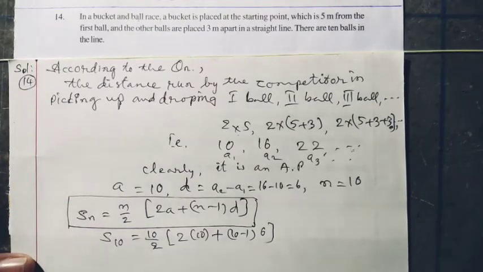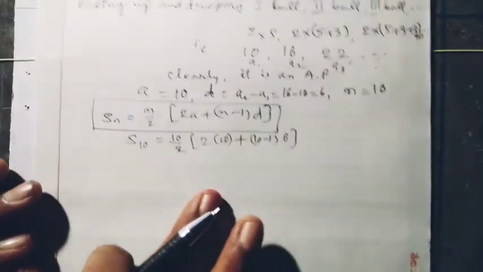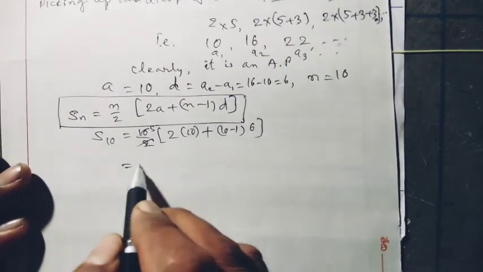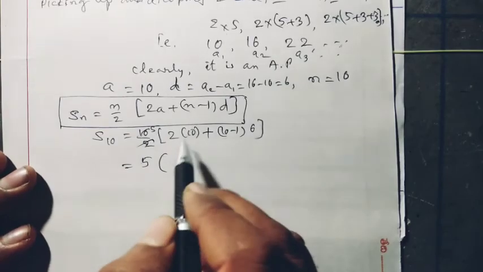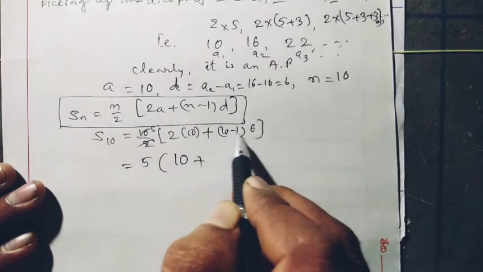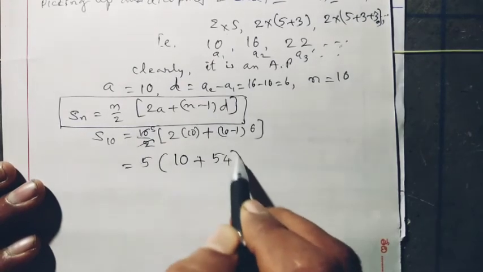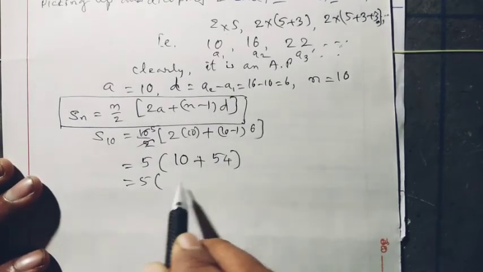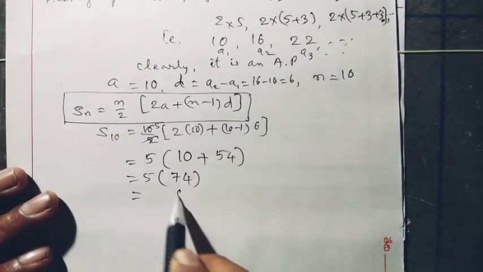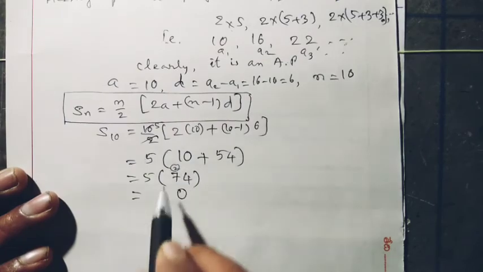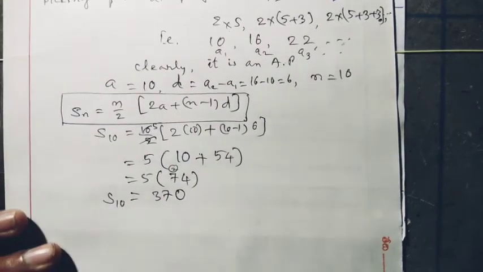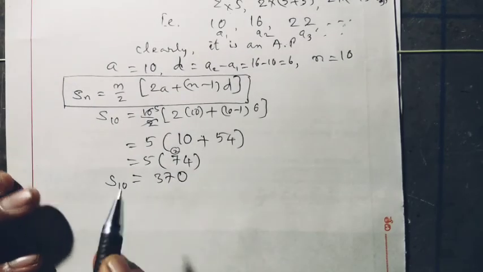Here 2 fives are 10, 10 minus 1 is 9, 9 sixes are 54, 5 into 74, 5 fours are 20, 5 sevens are 35, 37, 370. S10 is 370.